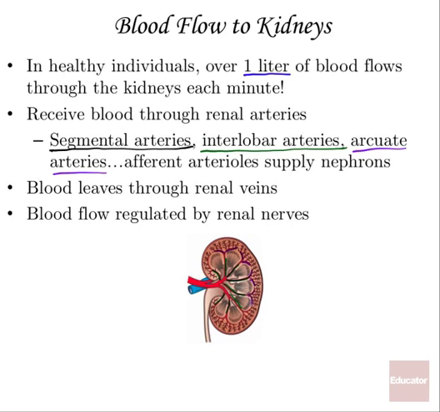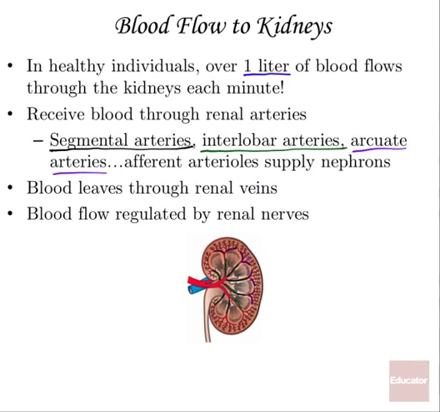Those branch off into tiny capillary bundles. You can call them afferent arterioles, which lead to the capillary bundles, because remember, arterioles branch off of arteries, slightly smaller, and then lead to capillaries. Afferent arterioles go to these little filtering regions in the kidney.